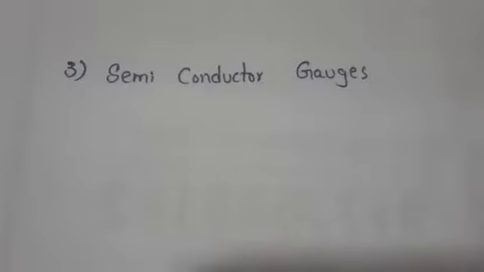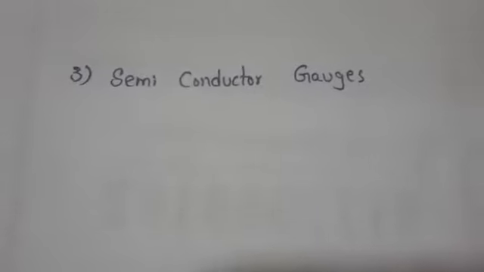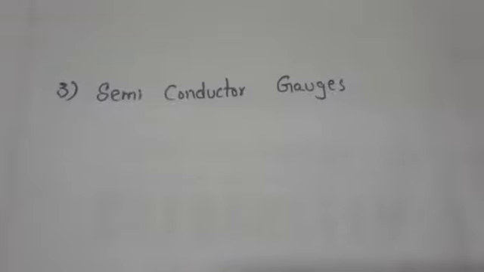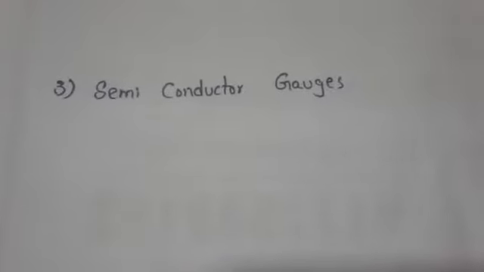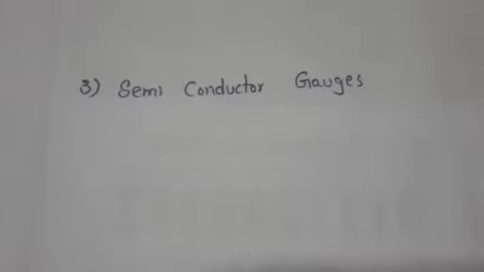In these semiconductor gauges we use silicon and germanium materials.